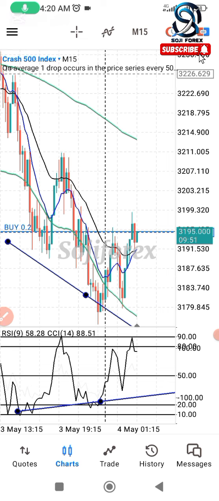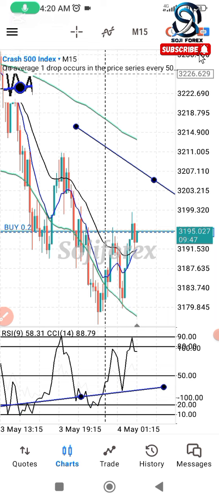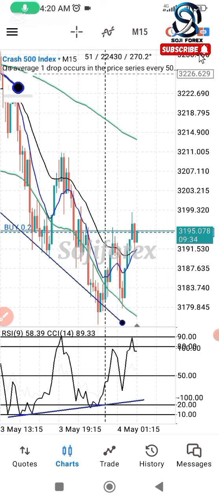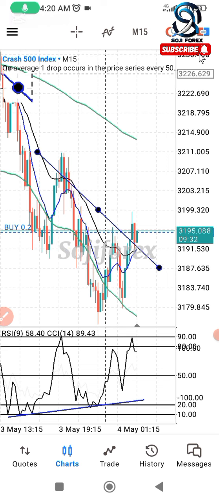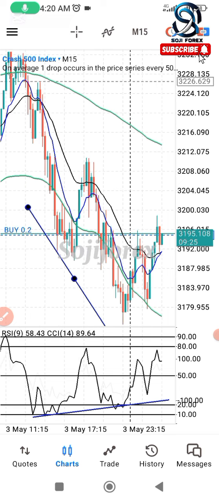So this works even on our 15-minute time frame. You can see that the divergence is obvious. Do you see that? This is the divergence we are talking about, and you can take advantage of this anytime in the market.